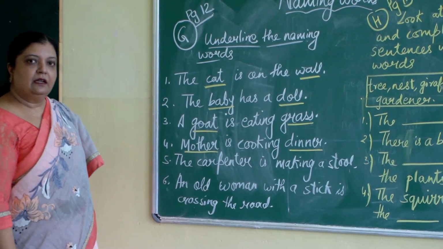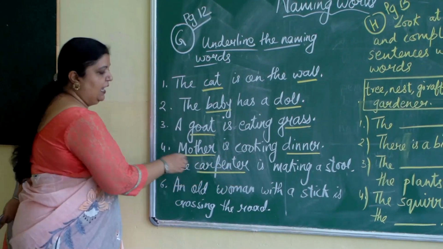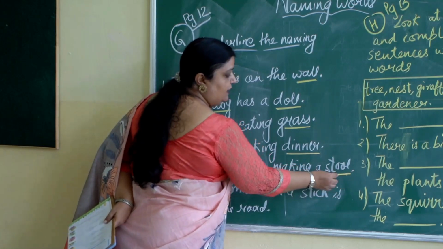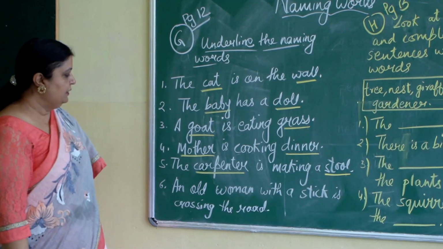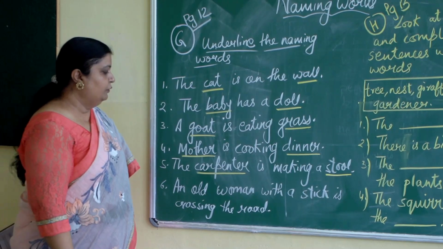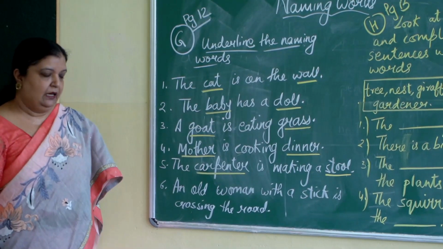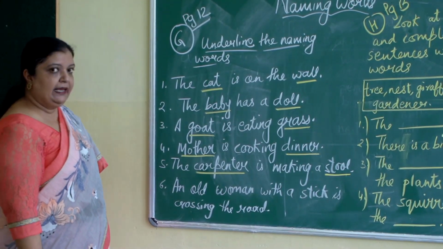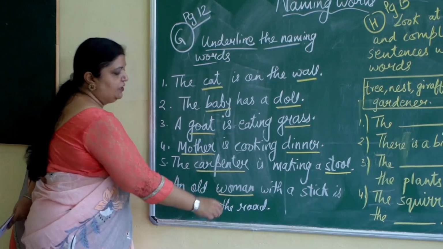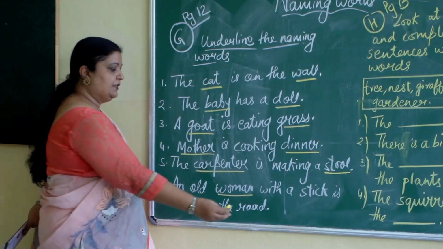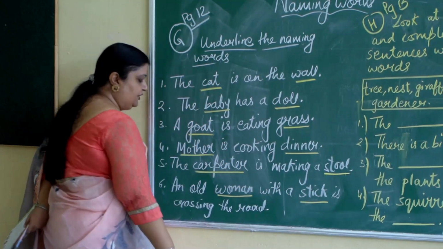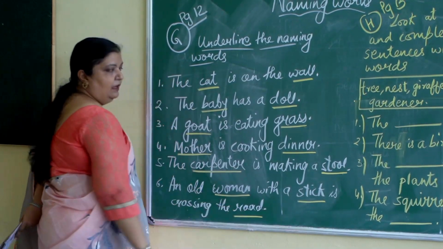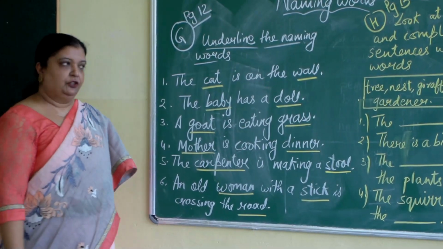Where's the person? Carpenter. And what is he making? A thing. What's the naming word of that thing? Stool. Understood? Now, an old woman with a stick is crossing the road. A person is there, woman, she is having a thing, stick, and which place is she trying to cross? Road. I hope the exercise is clear with you.